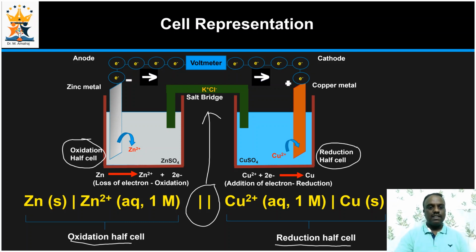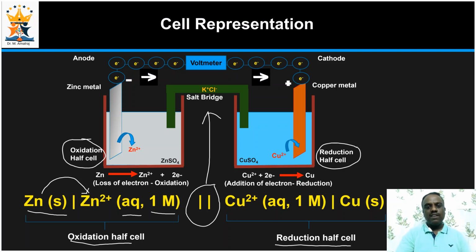In the representation, we have to just represent the cell reaction that happens in the respective half cells. See, in the oxidation half cell, what happens is zinc metal is getting oxidized to zinc 2 plus ion. The zinc metal that is solid is getting oxidized to zinc 2 plus ion. Since zinc 2 plus ion is coming into the solution, it is mentioned as aqueous and the concentration is 1 molar.